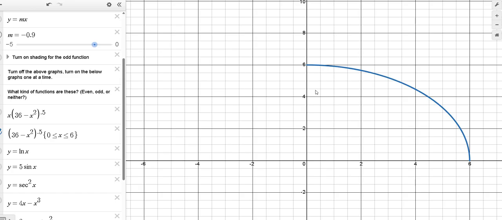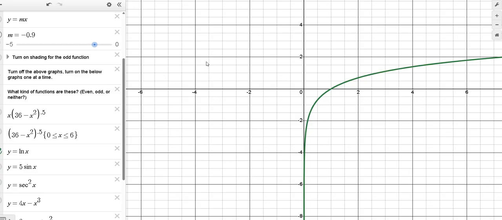How about the natural log function? Even, odd, or neither? Is that even? Is it a mirror image on both sides of the y-axis? Here's what it would look like if I had a mirror image on the other side of the axis.